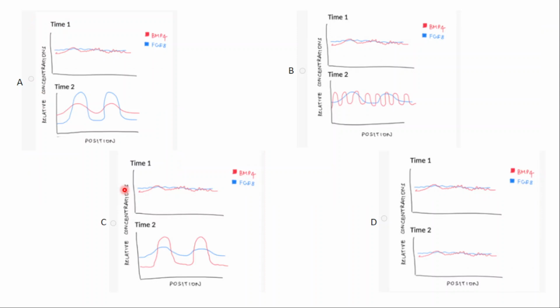So these are your options. On the y-axis we have relative concentrations, and on the x-axis we have position. The red line corresponds to BMP4 and the blue line to FGF8. You have to tell me what is the correct representation showing the relationship between BMP4 and FGF8 in cusp formation.